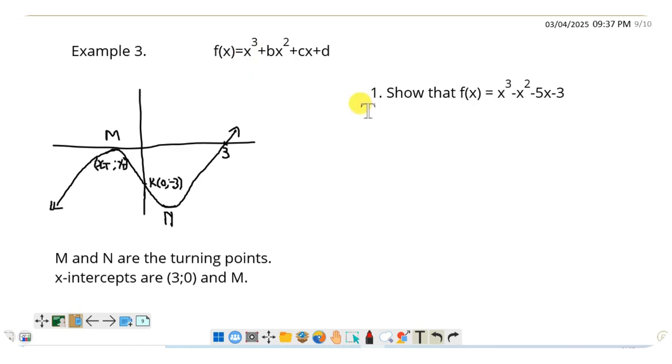Okay, and they're saying to us, here's the graph. M and N are turning points of the graph.